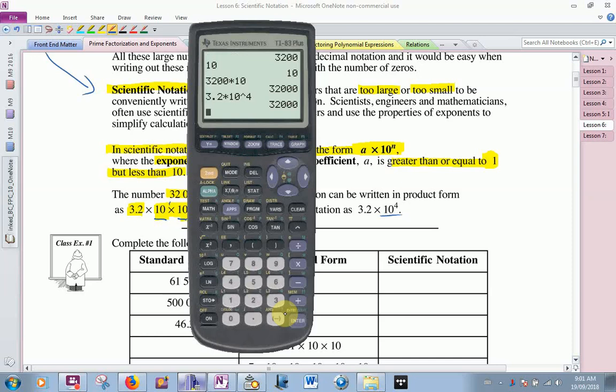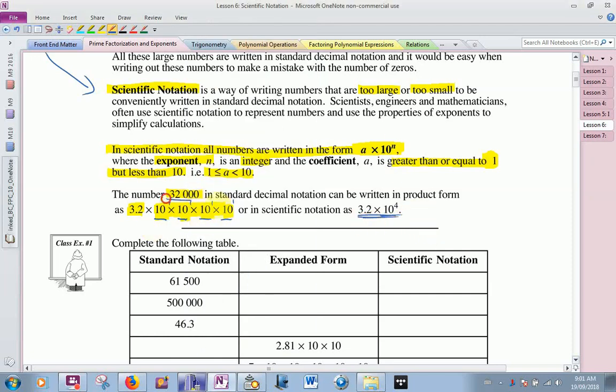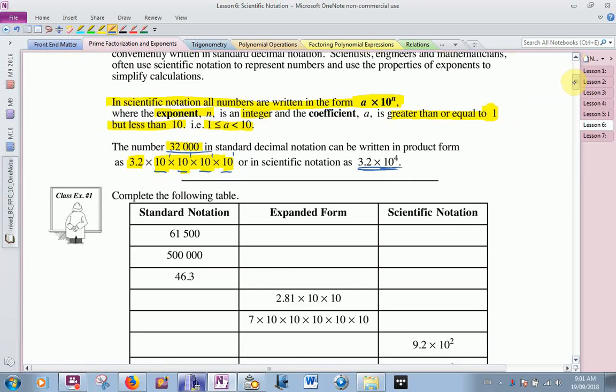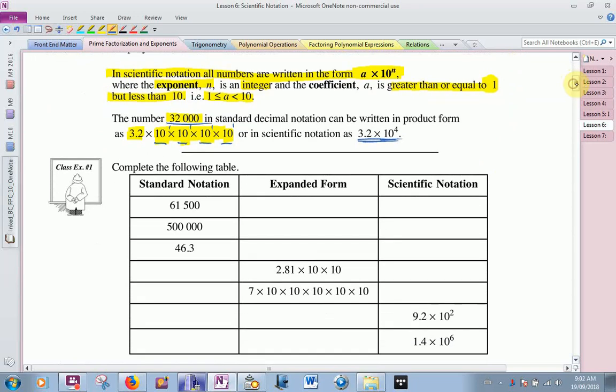Okay? Now 32,000 isn't that hard to write, but just as a quick exercise, we can still write that in exponential notation. Probably takes the same amount of time, right? It's really helpful when you got, like I say, huge numbers like that or really small ones. So let me just say, here's like the trick, okay?